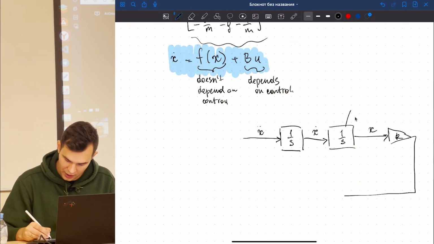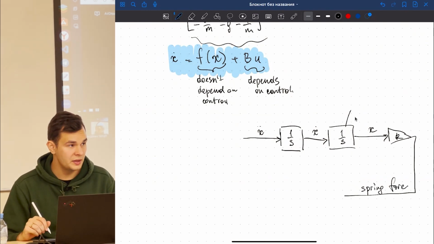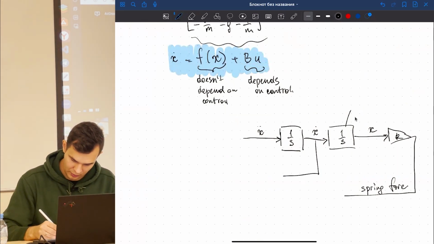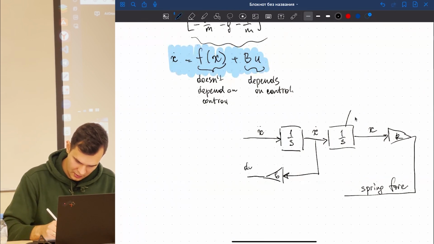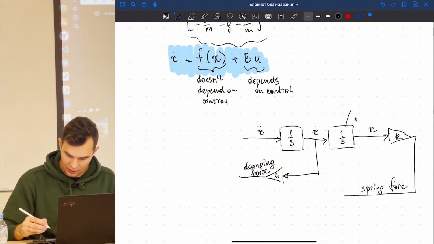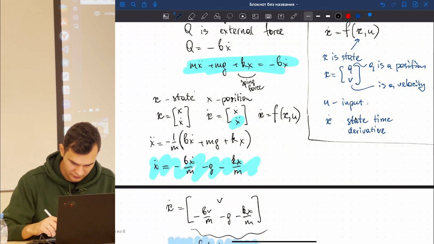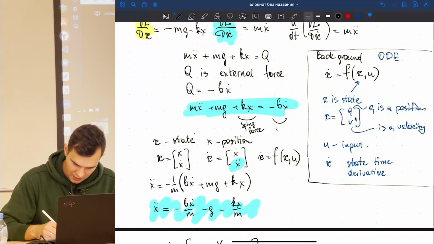And here you have the spring force. How can you compute the damping force? Right, so I will make it like this, b, and this is the damping force. What else should you have? So this is the damper.